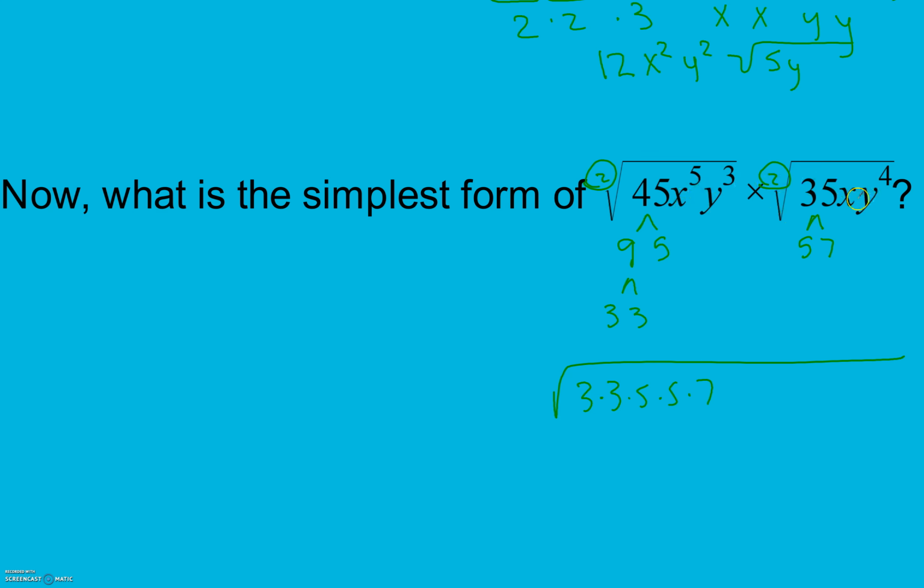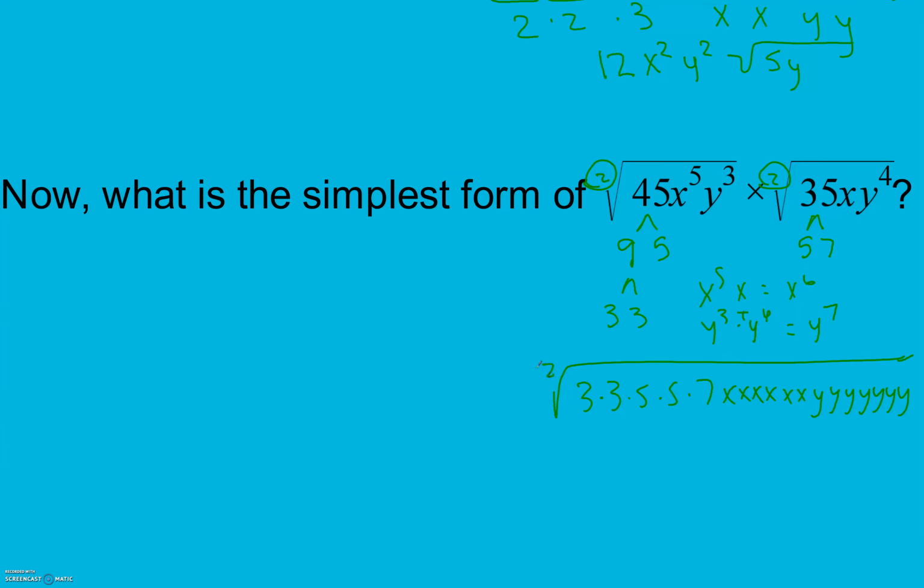I have 6 x's. X to the 5th times x gives me x to the 6th, and 7 y's. Y cubed times y to the 4th. Again, we add our exponents and get y to the 7th.